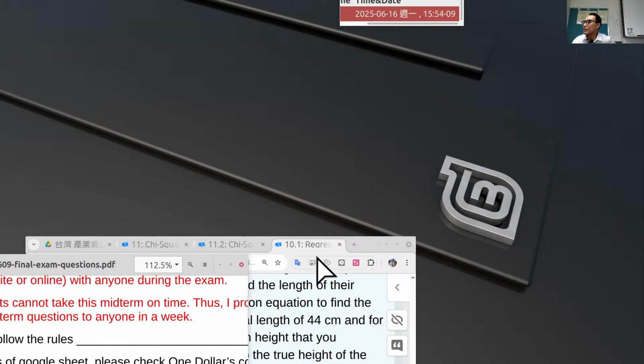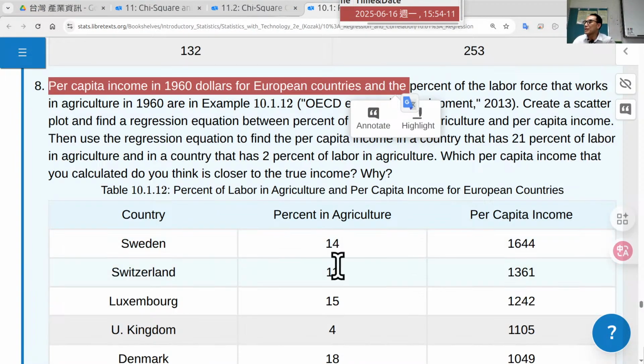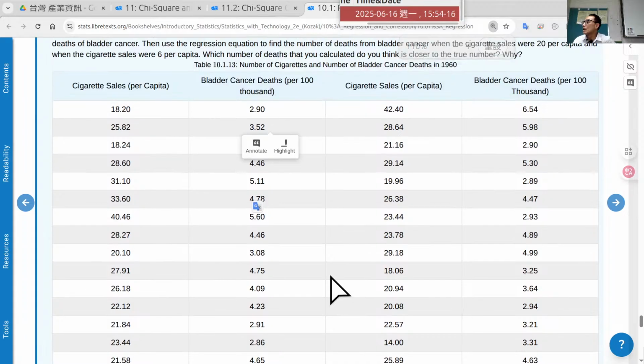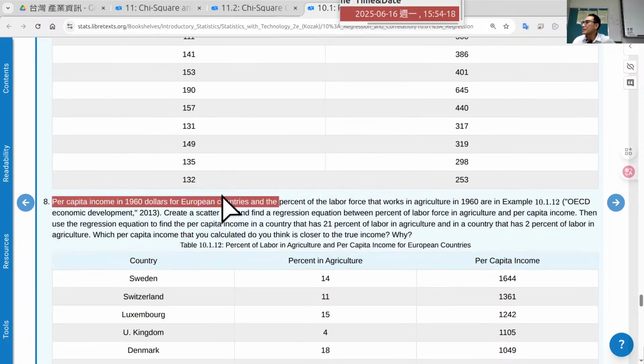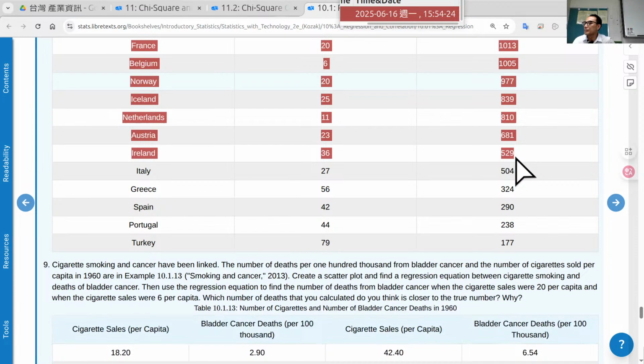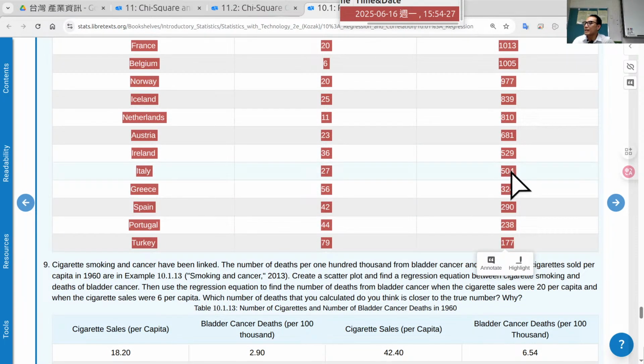First of all, select the numbers for question 8. You can select numbers like this one, or select all of them and click copy.